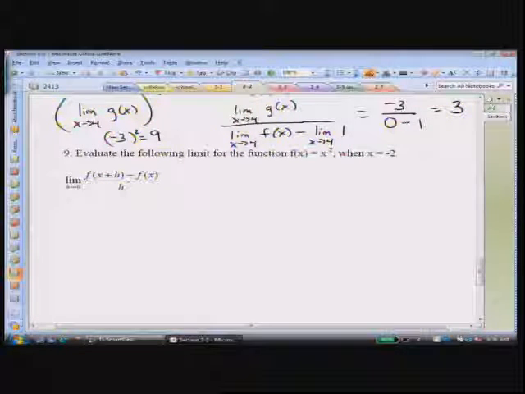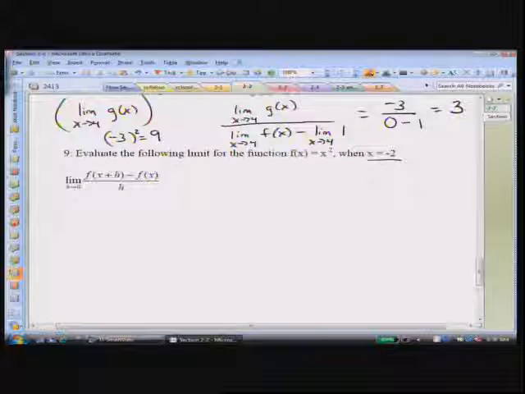You may remember that. But anyway, we have that f of x is equal to x squared. So I can replace f of x with x squared in this expression. But I need to determine what f of x plus h is. Actually, they want it when x equals negative 2.